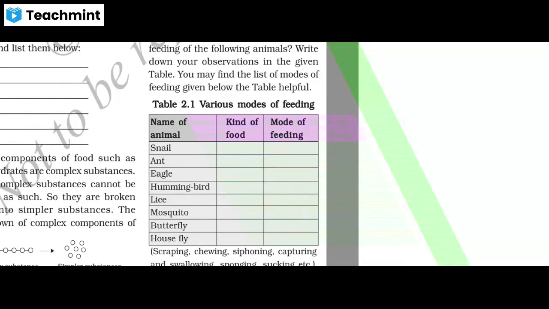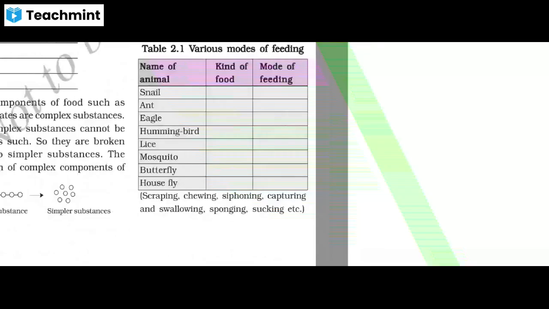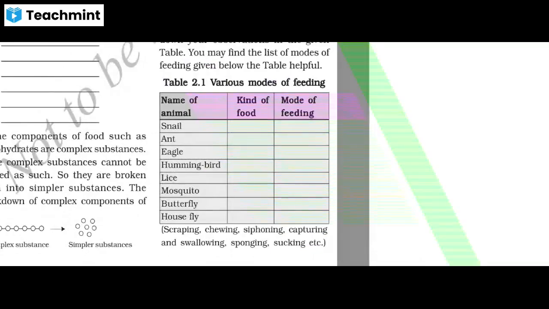What is the kind of food? The snail eats leaves and small insects. Then what is the mode of feeding? Scraping, S-C-R-A-P-I-N-G. The snail's kind of food is leaves and small insects, and its mode of feeding is scraping.